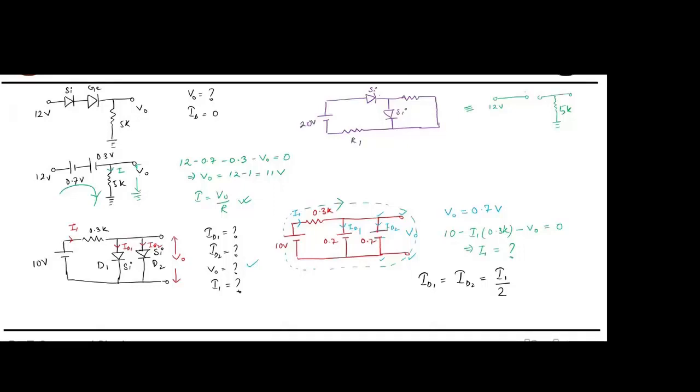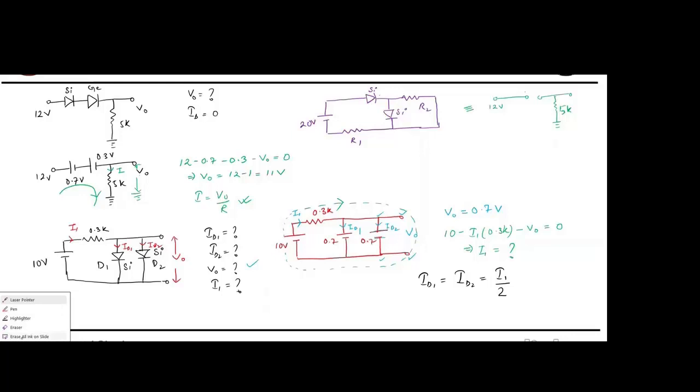I'll just call it R1 and R2. Can you solve this? Now, both the diodes will be forward bias or reverse bias? Forward bias. See, we require a minimum of 0.7, and the voltage is 20 volts. So obviously both will be forward bias.